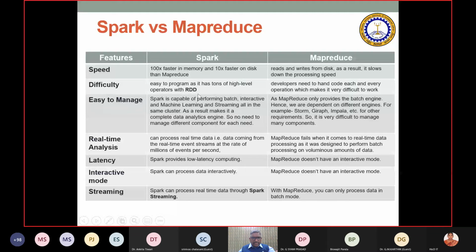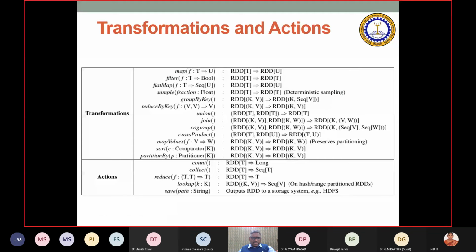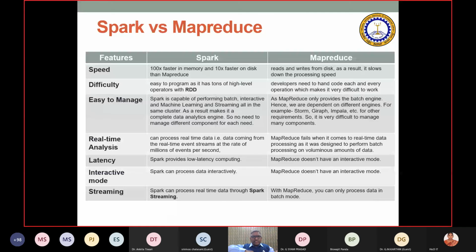It's easy to manage, and real-time analysis can be done using Spark. Spark provides low latency computing also. Spark can process data interactively. You can find out whether the data has been processed, and then you can request for it, and you can also do real-time processing using Spark streaming.